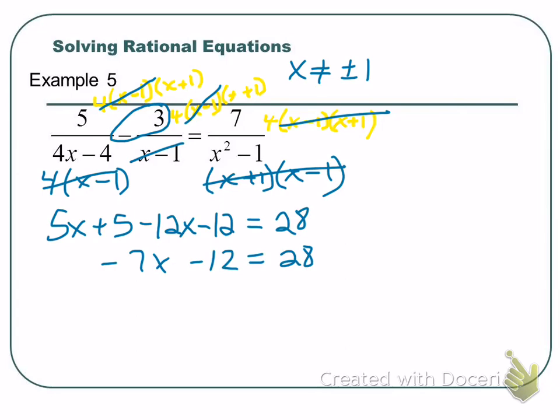Oh yeah, I said negative 7 and wrote negative 12. I don't know what the deal is. I have to go back and check. Yes, 5 minus 12 is negative 7. I knew something wasn't looking right.